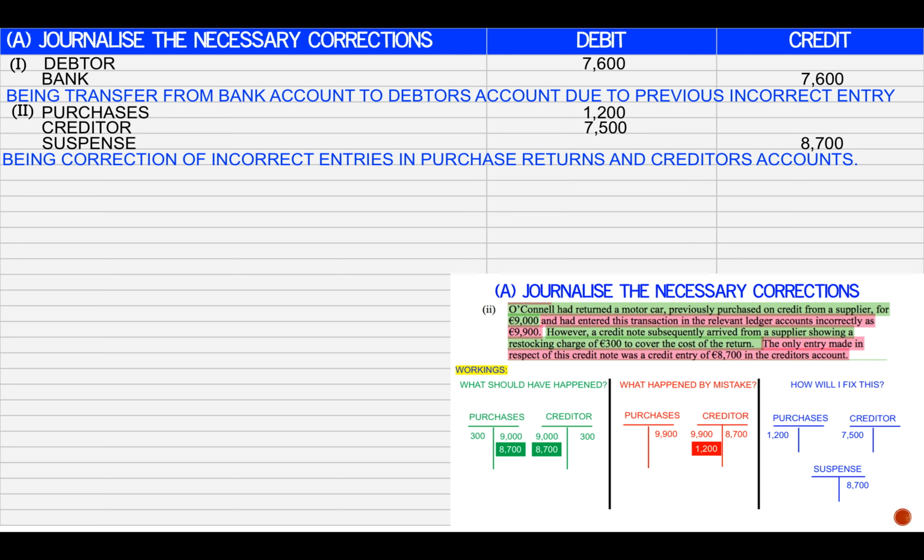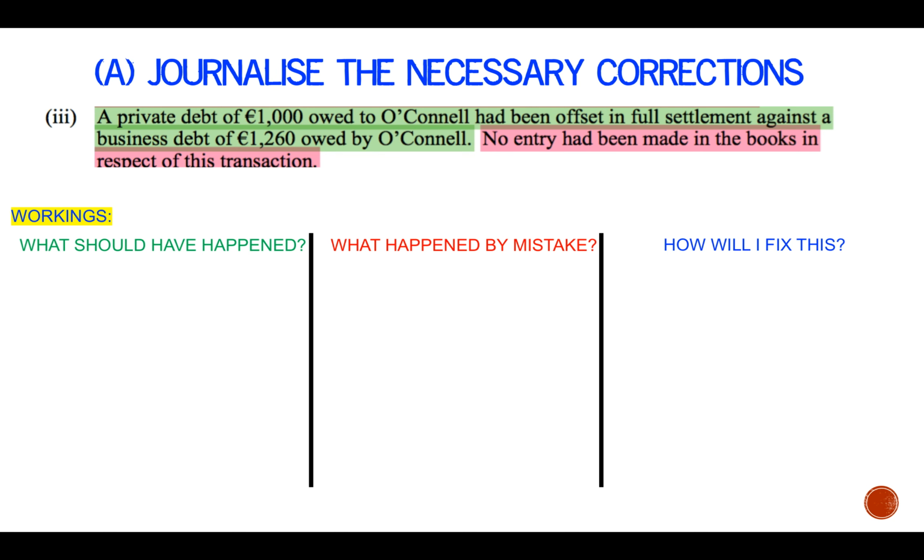So being correction of incorrect entries in the purchase returns and creditors account. You can mention something about the restocking charge as well if you want. You just have to mention being correction of something from the question, or being recording of if it hasn't been entered at all. Okay, part 3.